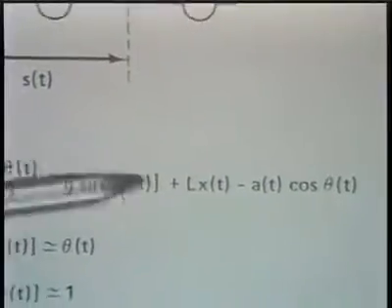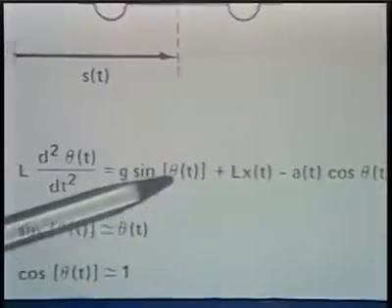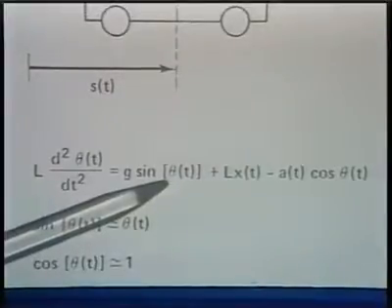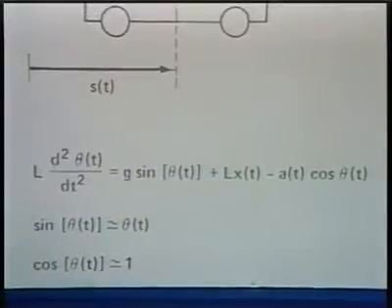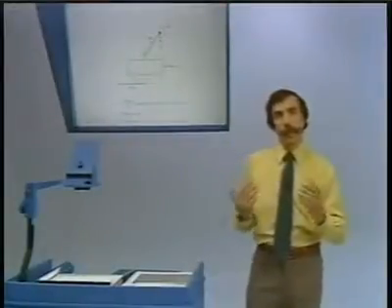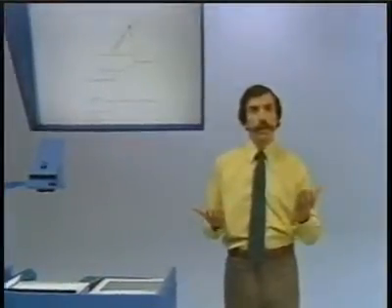Now, this equation, as it's written here, is a nonlinear equation in the angle theta of t. And what we'd like to do is linearize the equation. We'll linearize the equation by making the assumption that the angle is very small, close to 0. In other words, what we'll assume is that we're able to keep the rod relatively vertical.